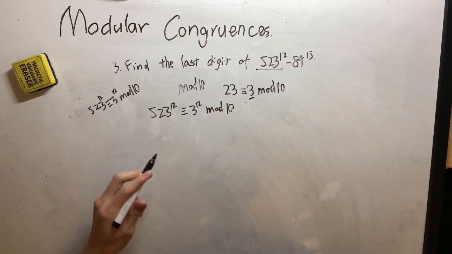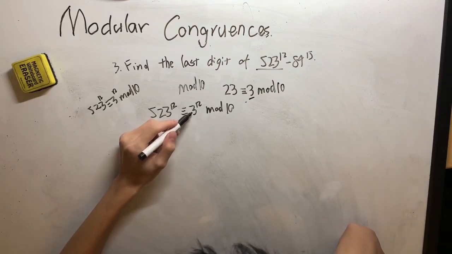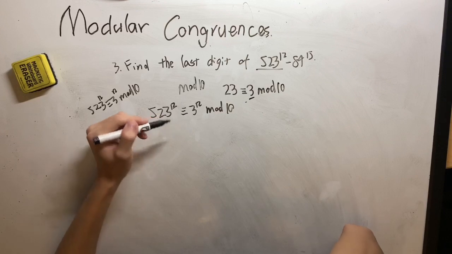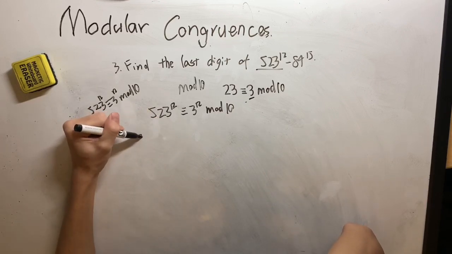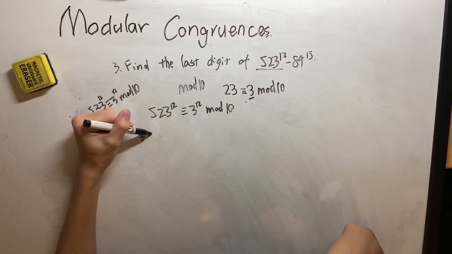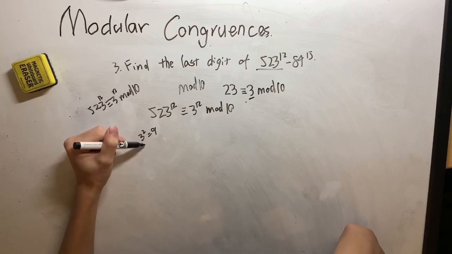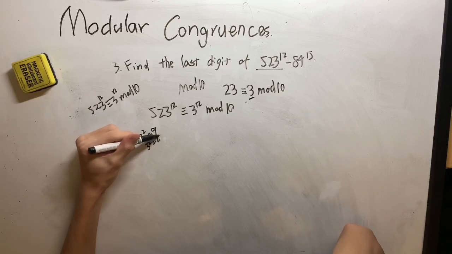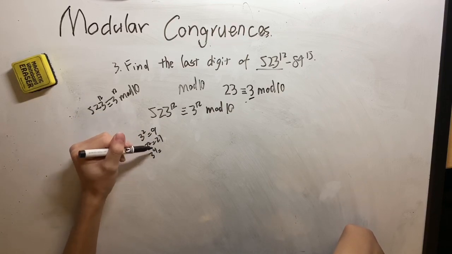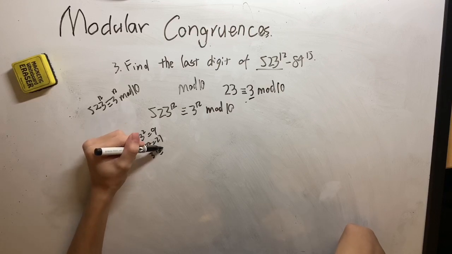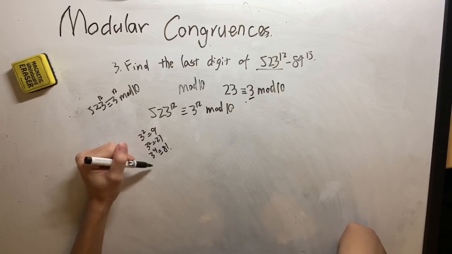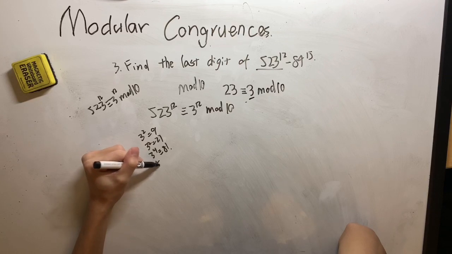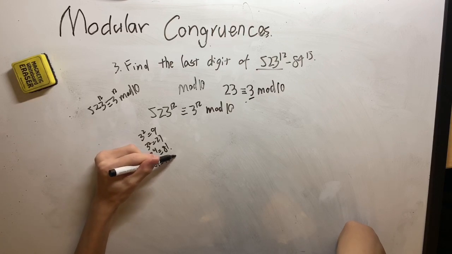So now let's look at 3. 3 squared equals 9, 3 cubed equals 27, and 3 to the 4th equals 81. 81 is congruent to 1 mod 10.